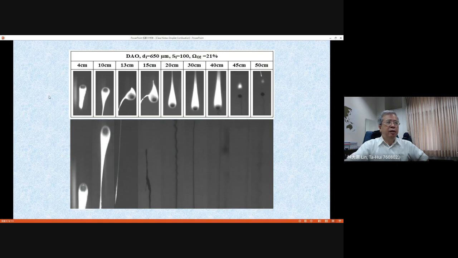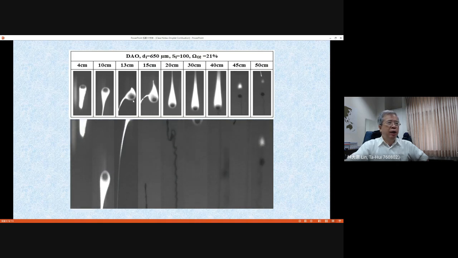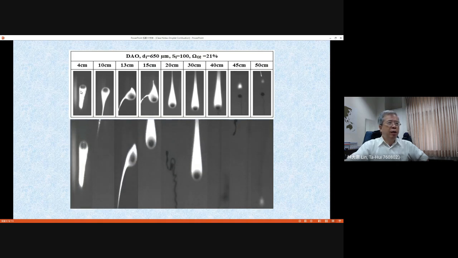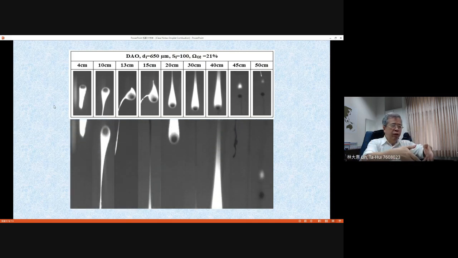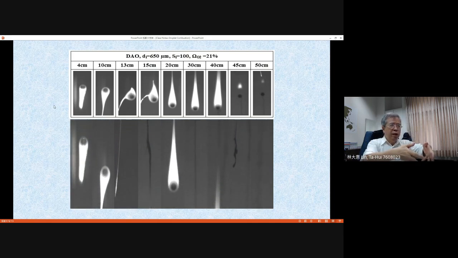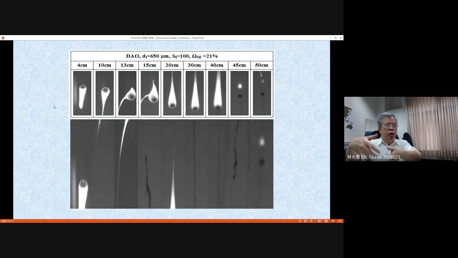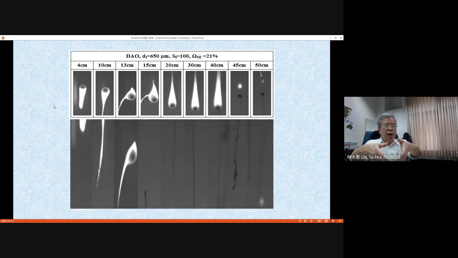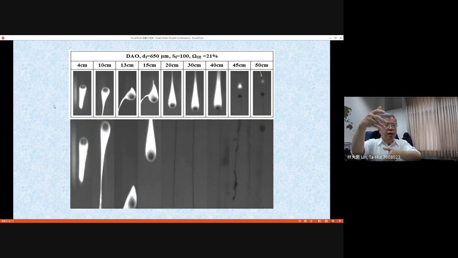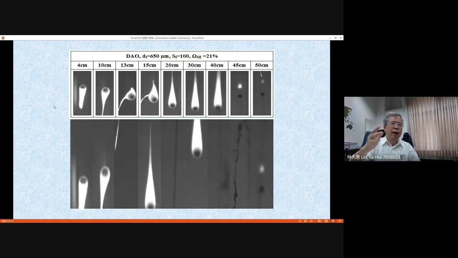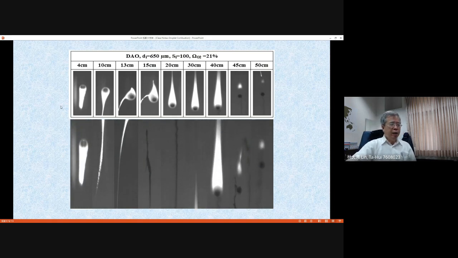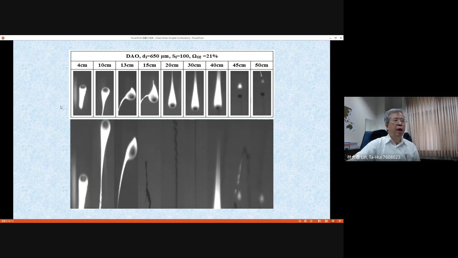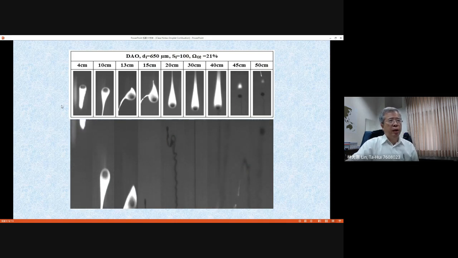And this plot very nicely tells you the droplet originally has the diffusion flame in front of the droplet, and later on they will have some transition from the front side to the back side. And those kinds of variation depend on the balance of the gaseous velocities and also the droplet velocities.